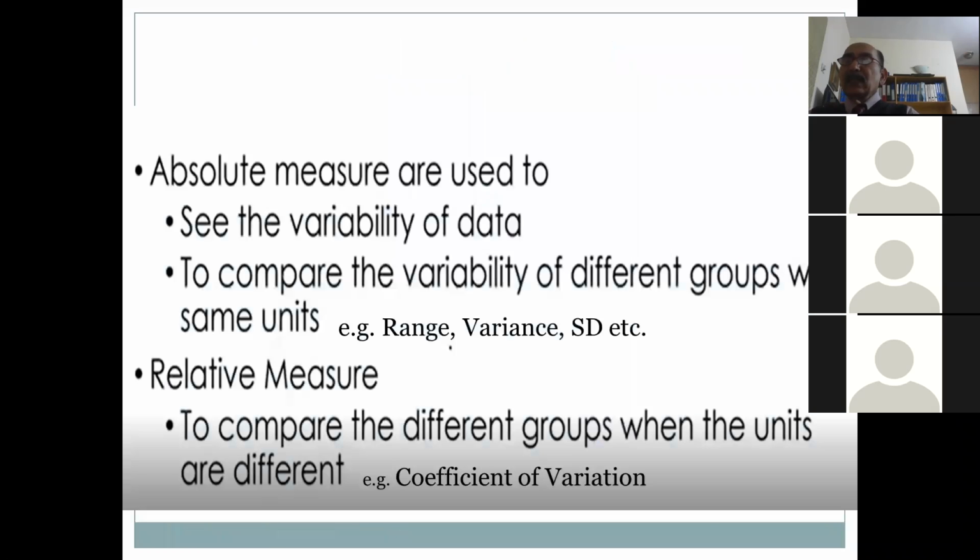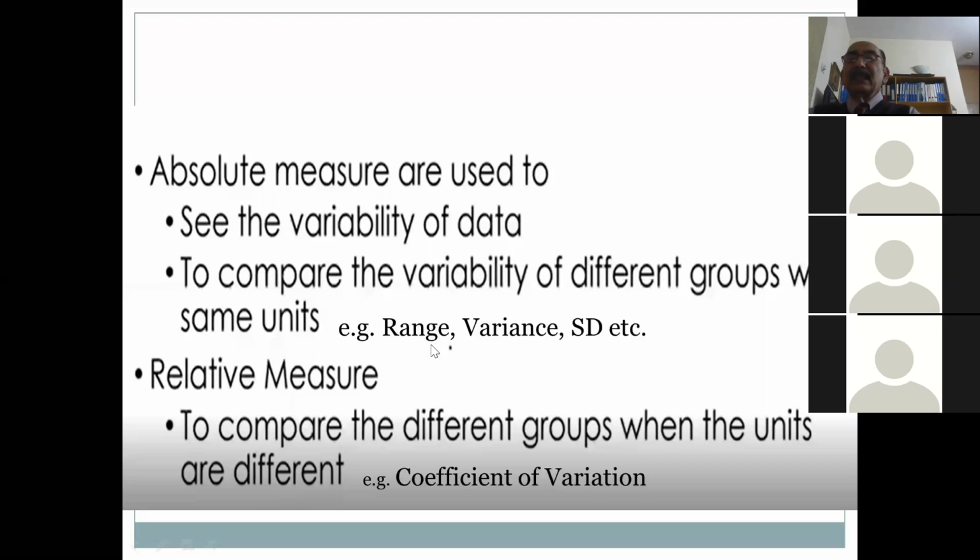Measures of dispersion are mainly of two types. Absolute measures see the variability of data. To compare the variability of different groups with the same units of measurement, you can use range, variance, standard deviation. Commonly, standard deviation and range are used. Relative measures compare different groups with different units of measurement.